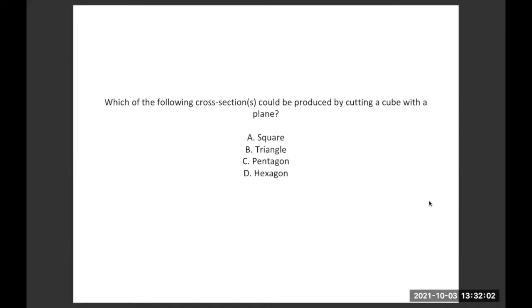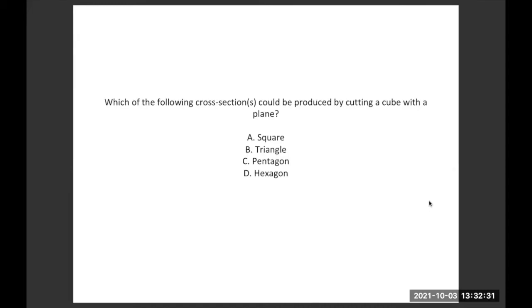Actually, nobody has given the correct answer so far. Yeah, nobody has given the correct answer. No, all answers are wrong so far.